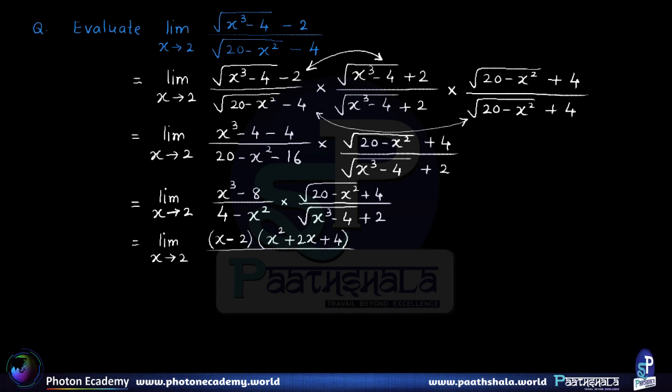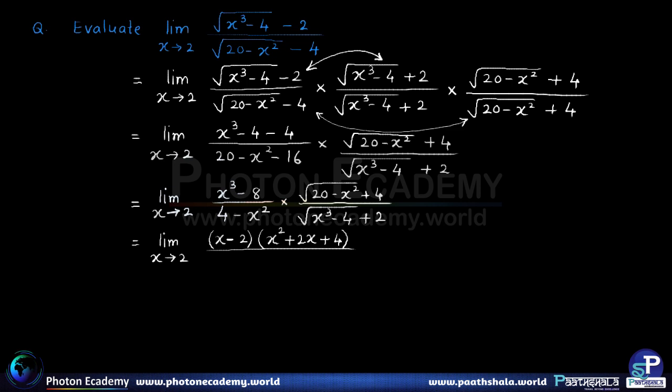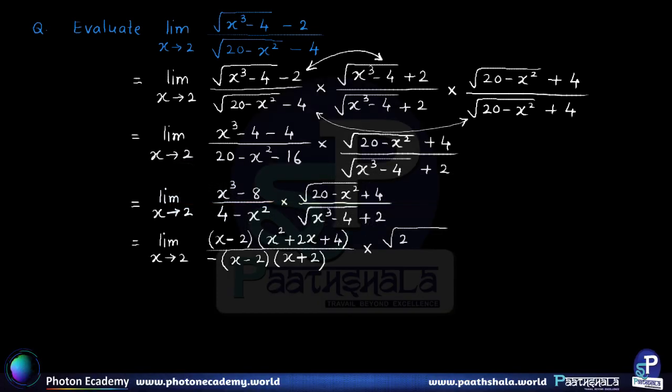The denominator is nothing but minus of x square minus 4, so that can be written as minus of x minus 2 into x plus 2, isn't it? Alright, multiplied by the remaining portion, that is root of 20 minus x square plus 4 whole divided by root of x cube minus 4 plus 2.